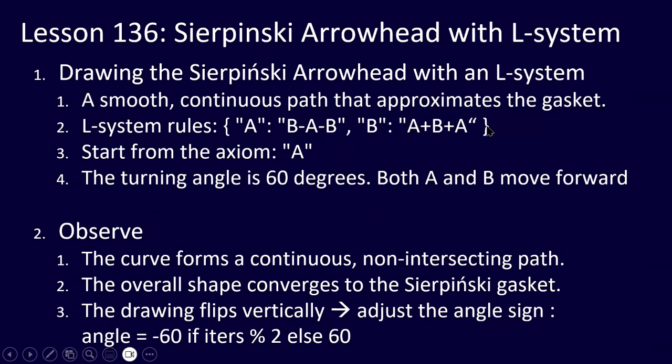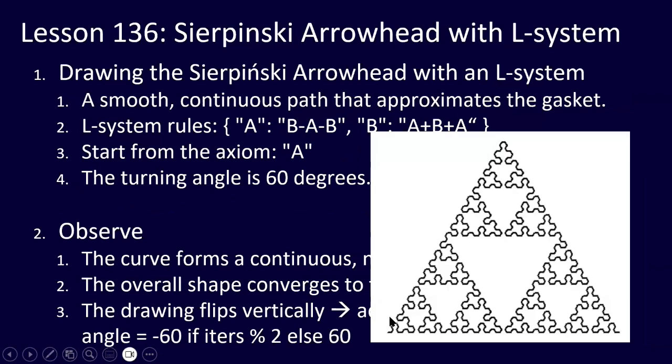And strangely, it drew a very interesting Sierpinski shape with a smooth continuous path that goes from here to here, visiting all the vertices of the Sierpinski triangle. Interesting. Okay, let's try another one today.